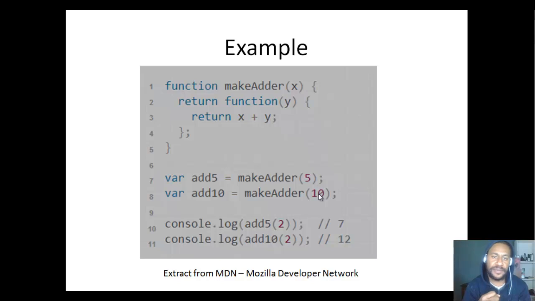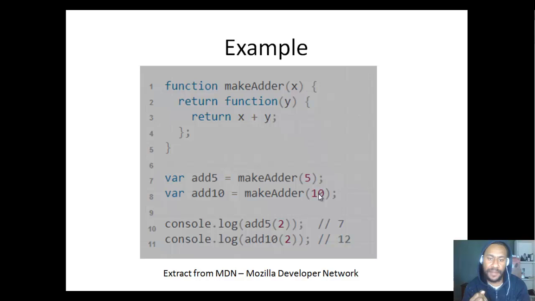Maybe one example. We make a function makeOther with one single argument x, and we return a function that takes one single argument y, and returns the expression x plus y.